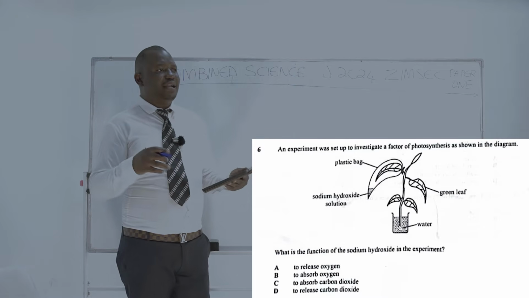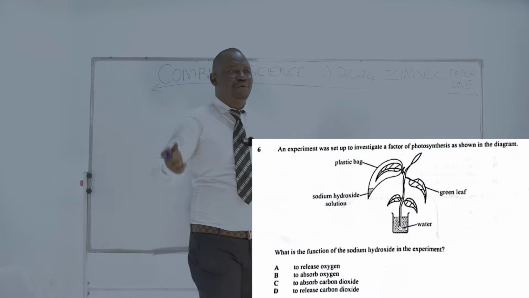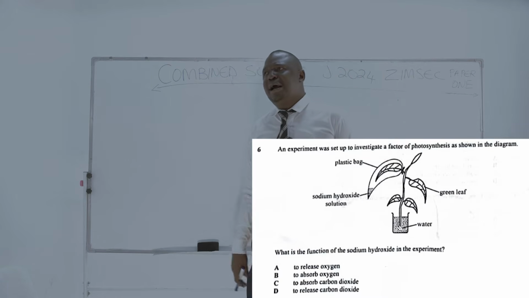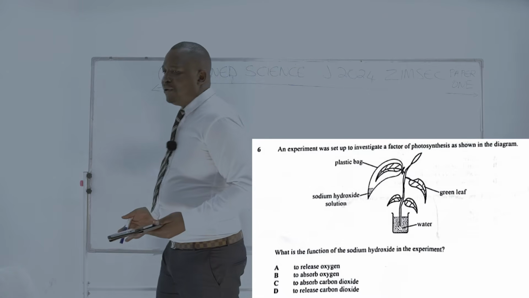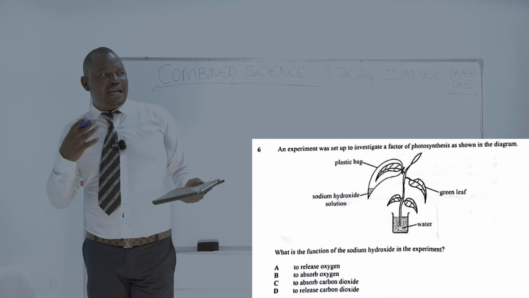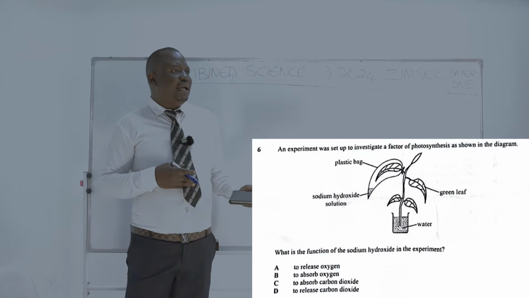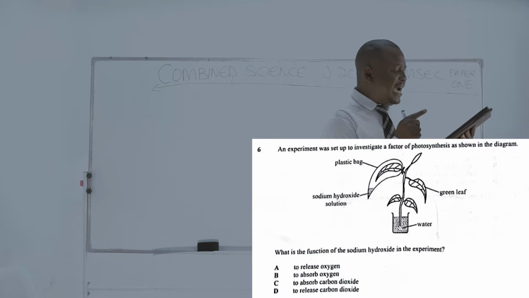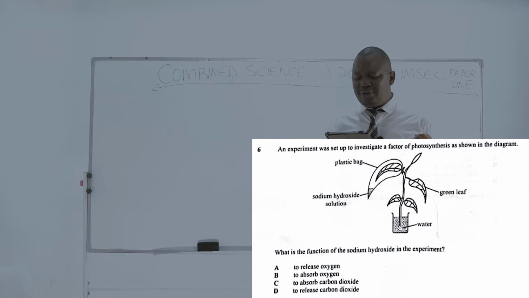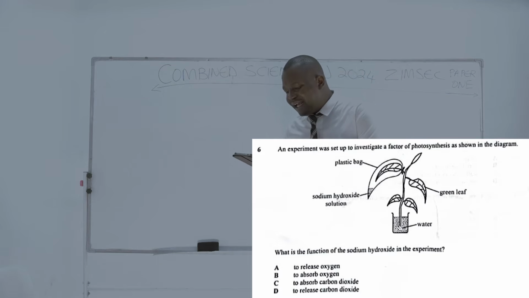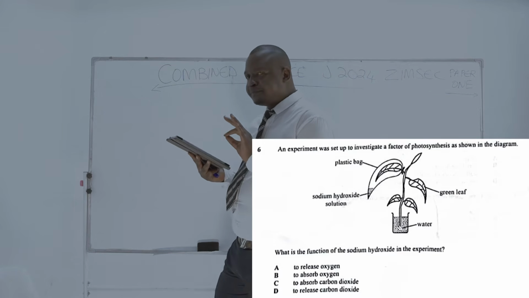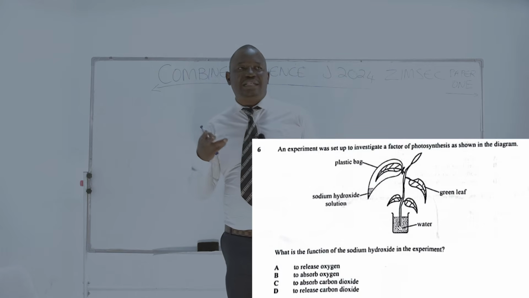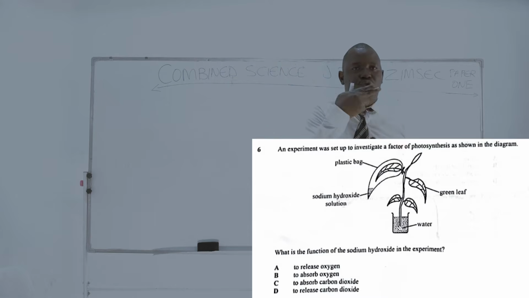Because remember, there are many factors that affect photosynthesis: light intensity, carbon dioxide, temperature, water availability, chlorophyll, etc. So first we identify which factor is being investigated. I can see a leaf covered with a plastic bag. Covering the leaf with a plastic bag means we are avoiding carbon dioxide entering through the stomata.